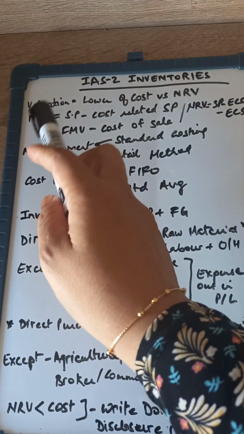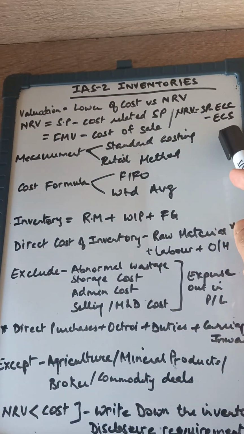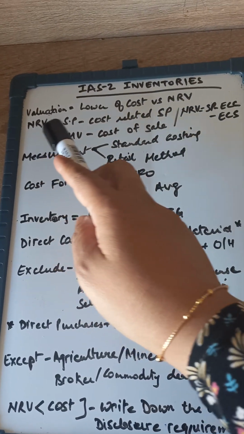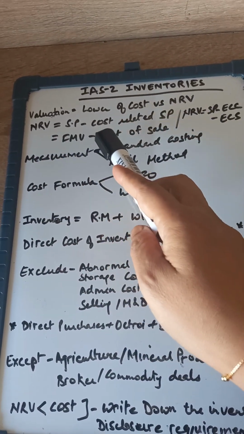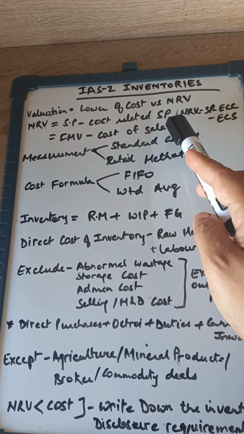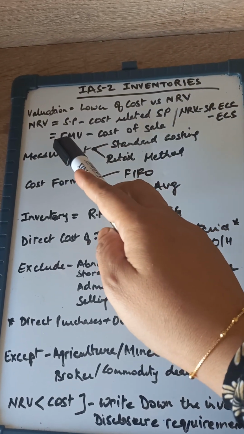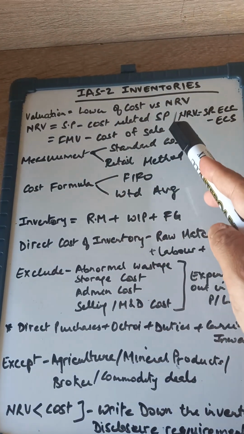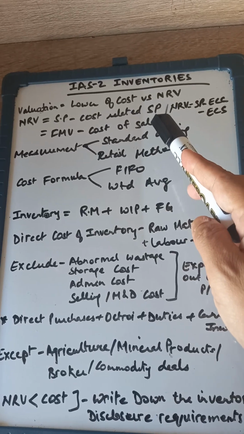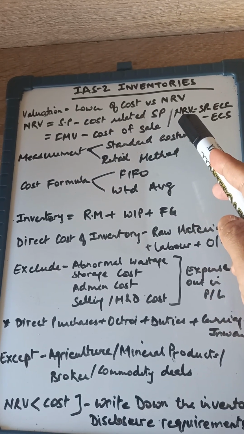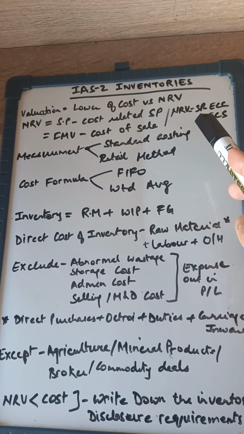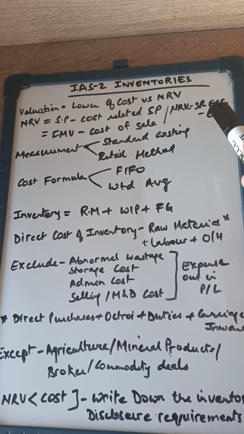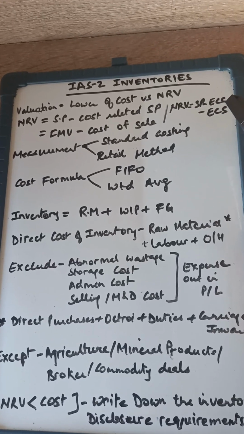What is net realizable value? There are three concepts to it. Net realizable value could be selling price minus cost related to selling price, or fair market value minus cost of sales. Sometimes net realizable value can also be calculated by selling price minus estimated costs of completion.